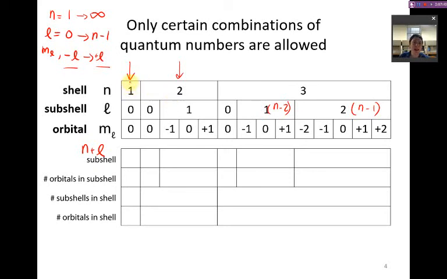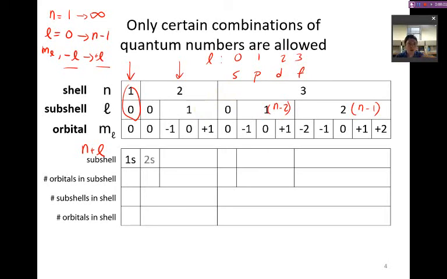So how many n-L combinations are there here? Well, there's only one, and that we call the 1s. Remember that for L values, we could have 0, 1, 2, and 3 corresponding to S, P, D, or F.